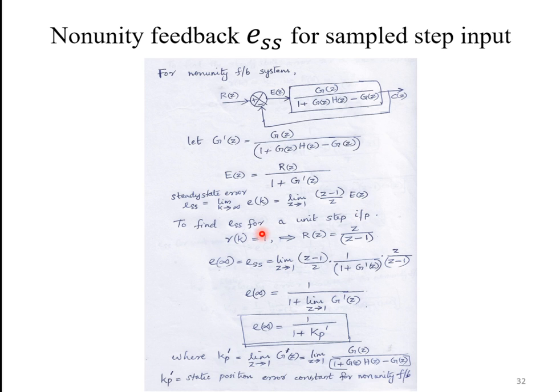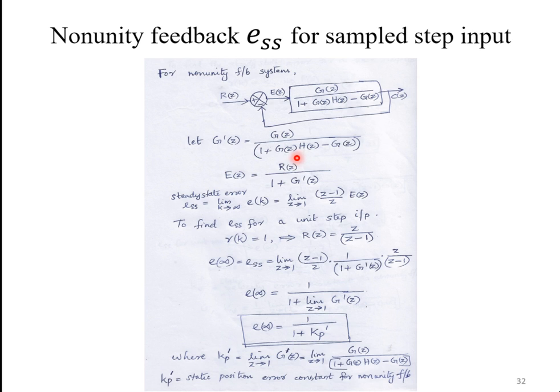So to find e_ss for a unit step input, r(k) is equal to 1. So R(z) is nothing but the Z transform of r(k), which is z by z minus 1. So E(z) can be written as 1 over 1 plus G'(z) into z by z minus 1. And e(k) as k tends to infinity, the steady state error, is equal to the limit as z tends to 1 of (z minus 1) by z into E(z).